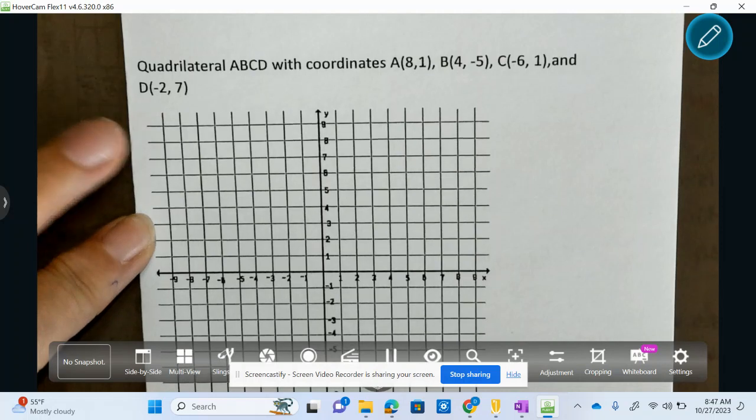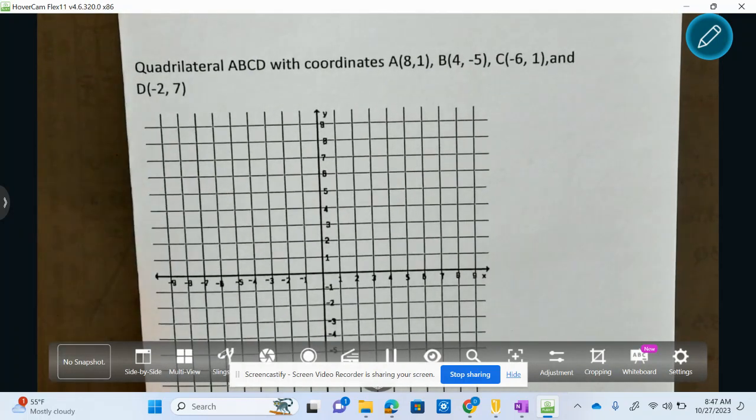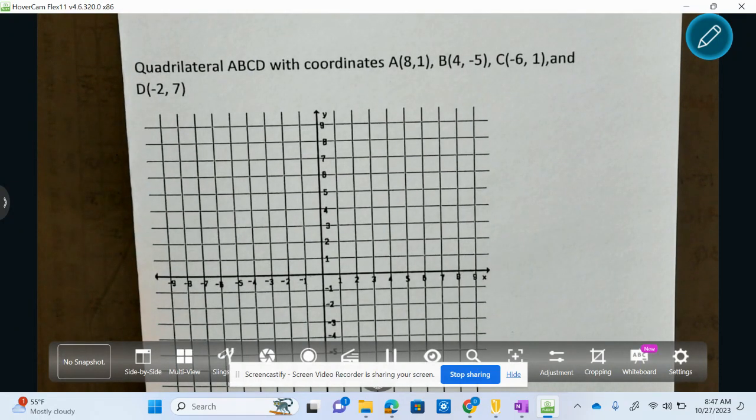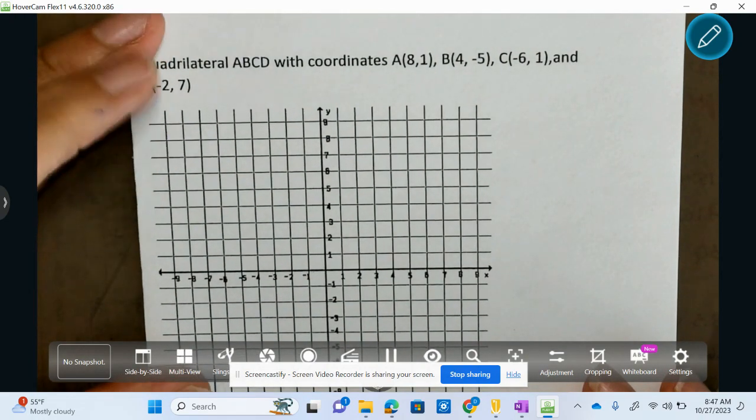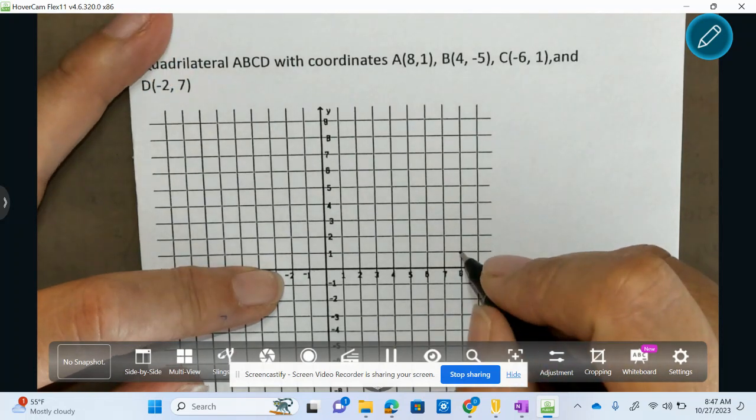Okay, so I'm going to move to the next one, quadrilateral A, B, C, D. So let's plot those points. Our first ordered pair is the ordered pair 8, 1.